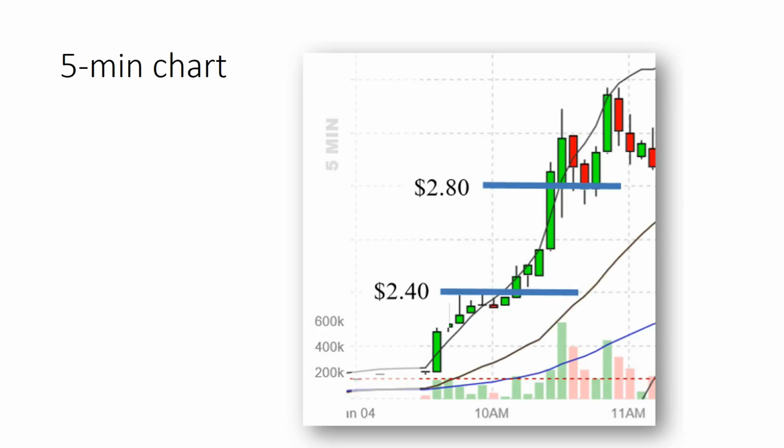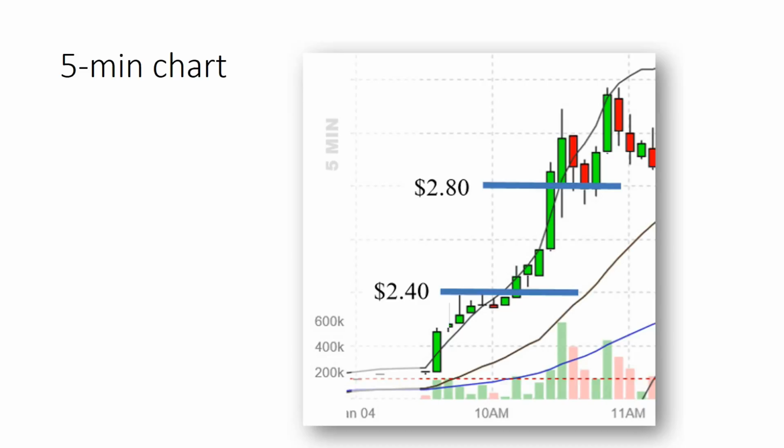So if you happen to see this in the morning, say before 10 a.m., and you were thinking about buying into this company, to get a price below 240, you would have needed to buy in before 10:15, and after 10:15, you would have no longer been able to buy this company at 240. So if you placed a limit order for 240, it would have not gotten filled after 10:15.